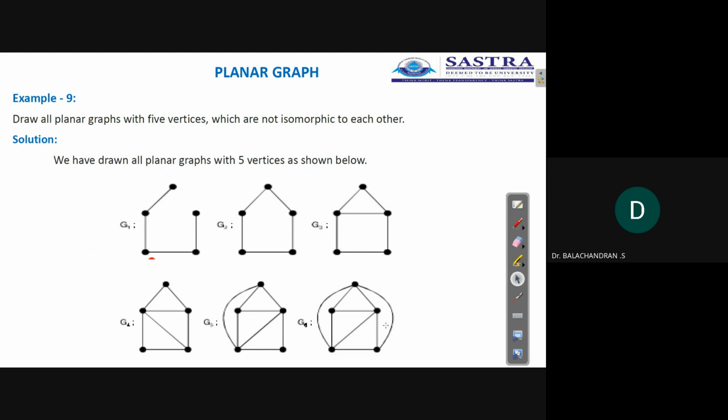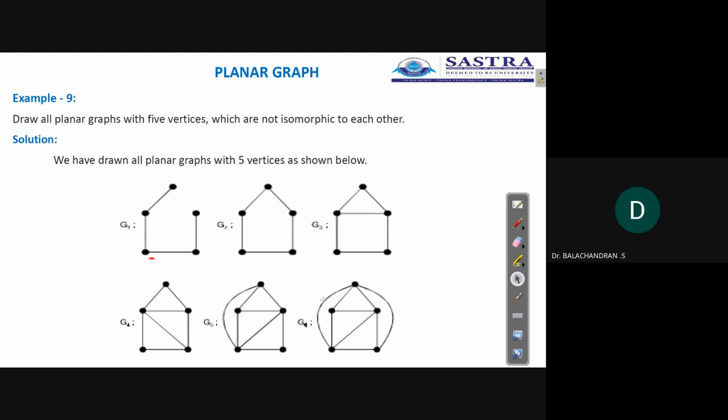So that's all. If I add one more edge, this is degree 4, this is degree 4, this is also degree 4. This is degree 3, this is also degree 3. So you cannot add these two edges, because if I add these two edges like this, it will cross this edge.